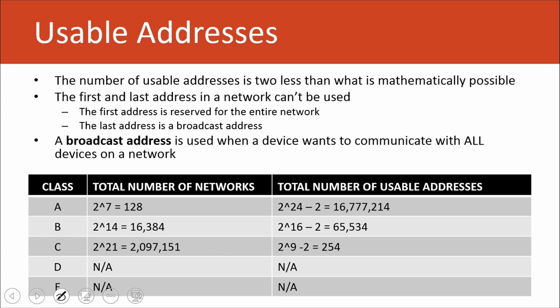All right, so within these classes, there are a number of usable addresses that are available for computers, okay? If you take a look at the chart down at the bottom, we look at the total number of networks and then the total number of usable addresses. So we raise 2 to the 7th power because if we look at an octet, I'm just going to draw all zeros here.